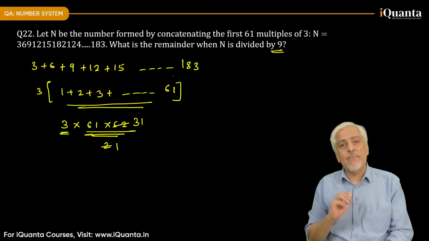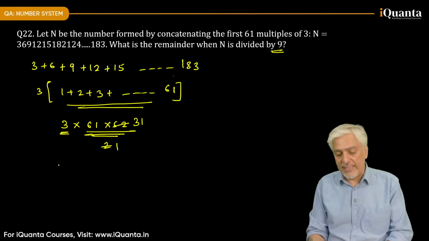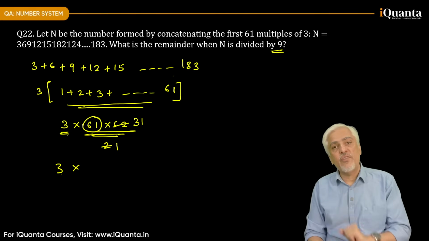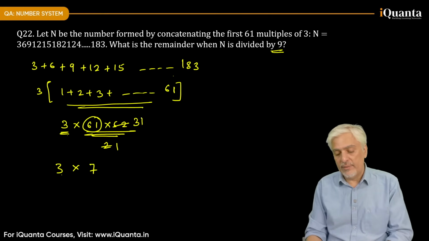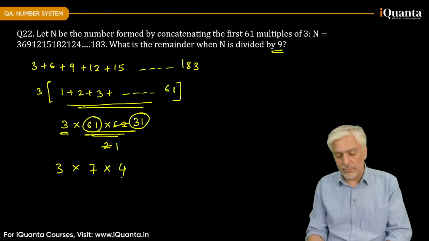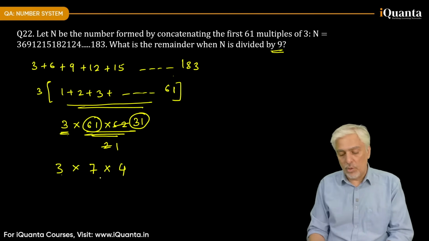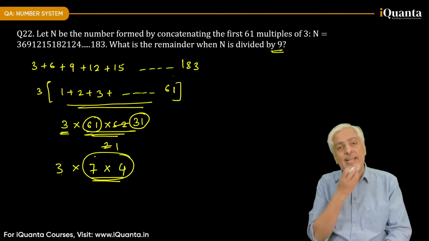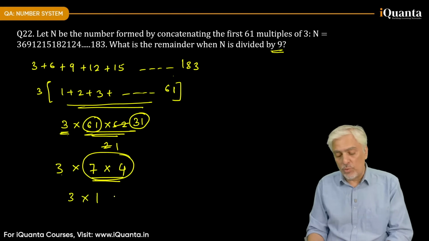See, remainders are multiplicative, so we can find all the remainders separately. 3 divided by 9, remainder is 3. 61 divided by 9, 6 9s are 54, remainder is 7. 31 divided by 9, remainder is 4. Okay? 28 divided by 9, remainder is 1. So 3 ones are 3.